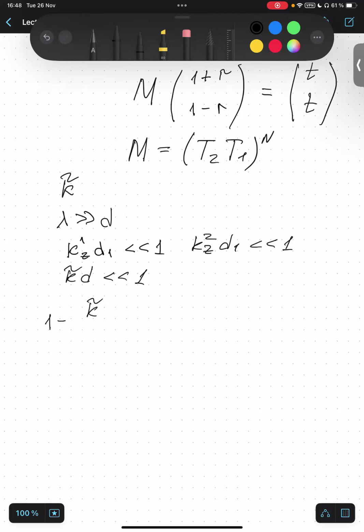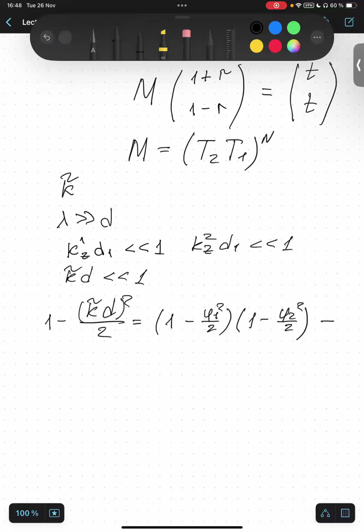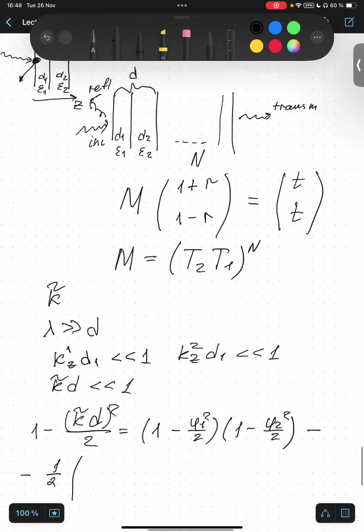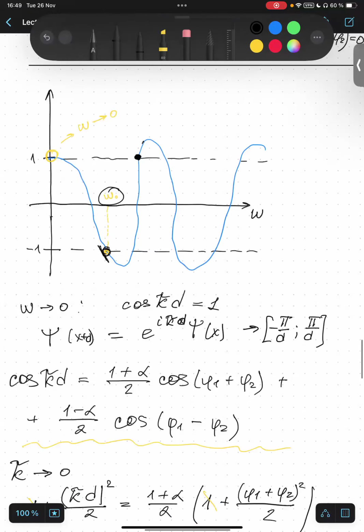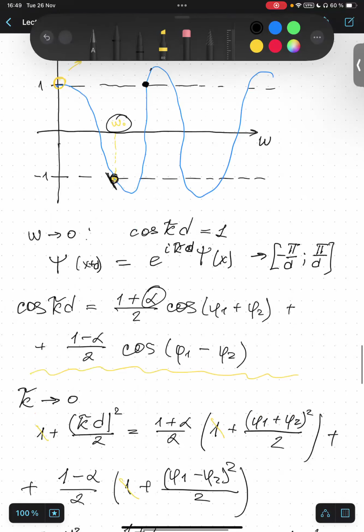So let's do it. 1 minus k tilde squared over 2 on the left-hand side, and on the right-hand side (1 minus phi1 squared over 2)(1 minus phi2 squared over 2) minus this 1 over 2, and we can expand a little bit the alpha functions that we had in the brackets, where these are alphas.